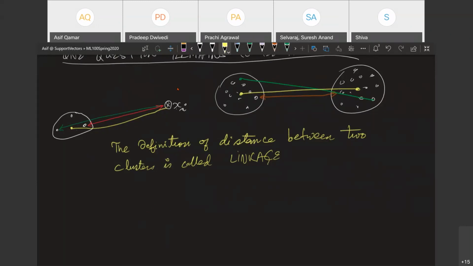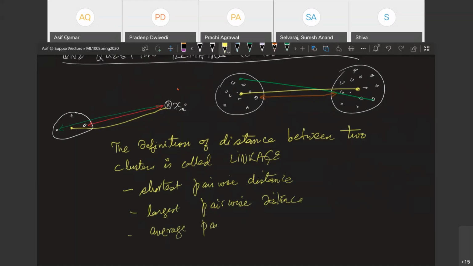So the linkage or distance definitions could be shortest pairwise distance, largest pairwise distance, then also average pairwise distance. It could also be distance between the centroids.